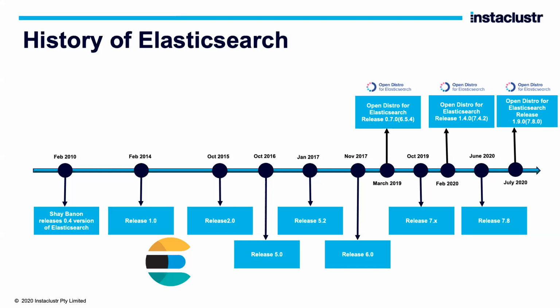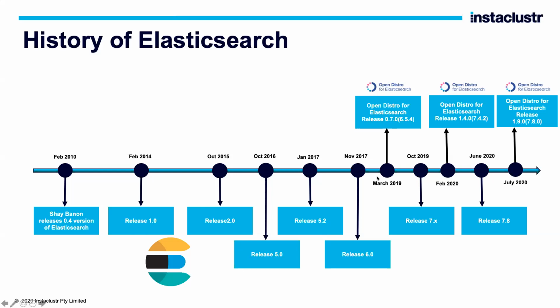Later, he formed a company called Elastic, and if you can see on the bottom, these are all different releases from Elastic.co. The Elasticsearch version itself is based on pure open source, but obviously Elastic.co added some extra enterprise-level features, for which you needed to get a license, such as security, alerting, and auditing, and all those features, which are also called X-Pack features, are provided by Elastic.co. But obviously you have to pay for the license for those particular features.